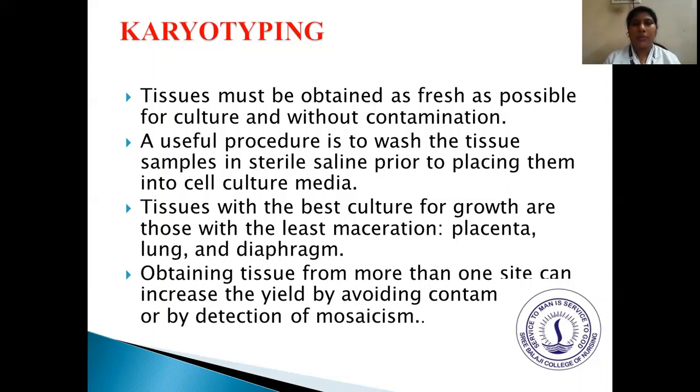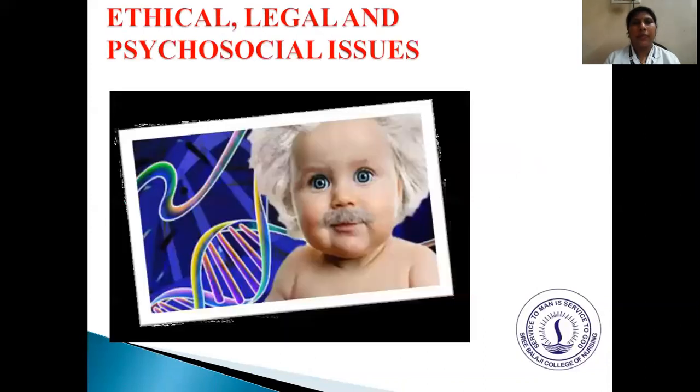Obtaining tissue from more than one site can increase the yield by avoiding contamination and by detection of mosaicism. That is karyotyping.